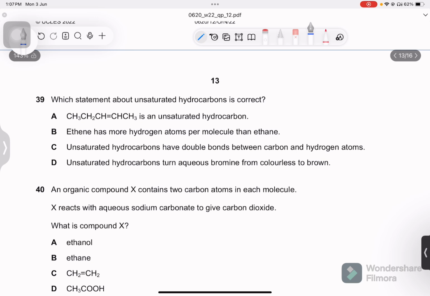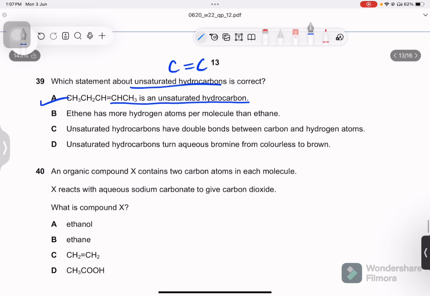Which statement about unsaturated hydrocarbons is correct? CH3CH2 is an unsaturated hydrocarbon. This is true because unsaturated hydrocarbons are hydrocarbons which contain a double bond. Ethene has more hydrogen atoms per molecule than ethane. No, ethane does not have a double bond, so it will obviously have more hydrogens.